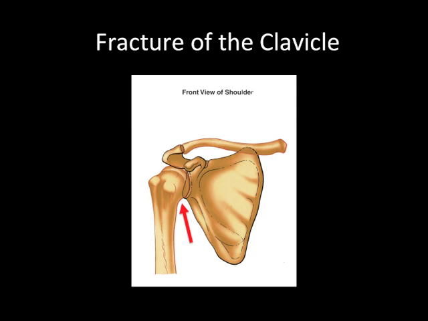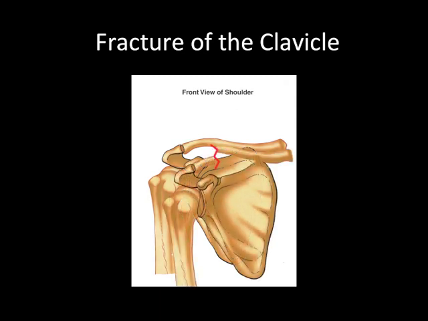Now imagine what will happen if the clavicle is cracked, as shown in the next image. Falling on your shoulder may crack the clavicle at the location indicated by the red squiggly line. Shown in the next image is the result of such a fracture.